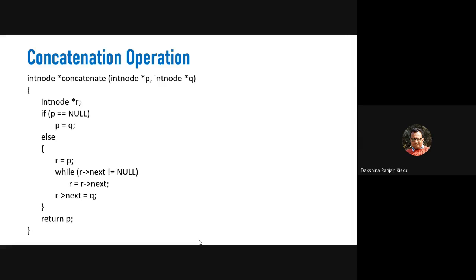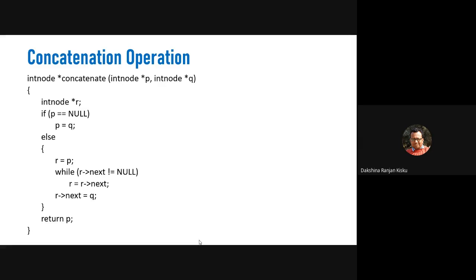By making P equals to Q, we can point the resultant linked list by both P and Q. Otherwise, if P is not empty, then first of all we need to save the head pointer P to another pointer variable R. That is why we are making R equals to P.